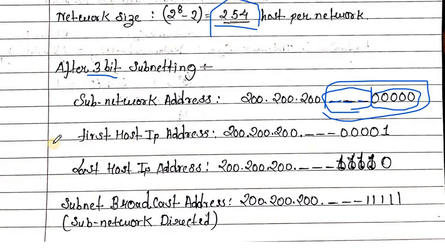So the first host IP address ends in 1. We place 1 here because these 3 bits are used for the subnet, and these are the host ID field. If we take 0 here, then it becomes a network address, the subnetwork address. But we put 1 because we need a host IP address. You must remember the first and last addresses are special: one is the network address and the other is the broadcast address.